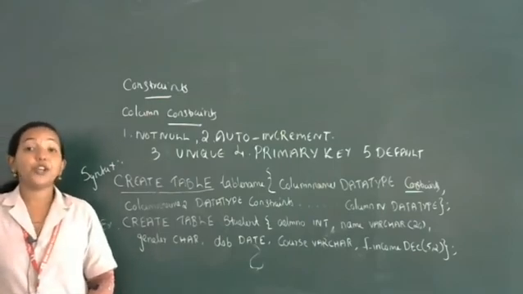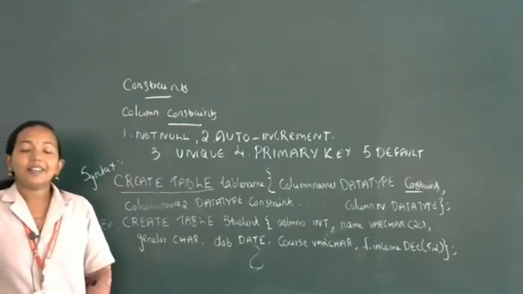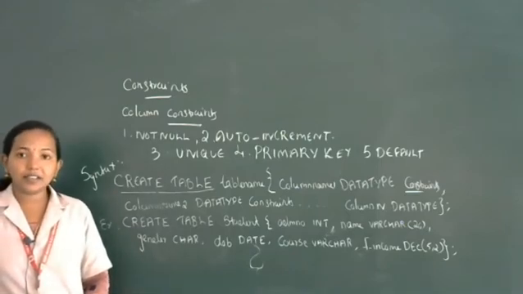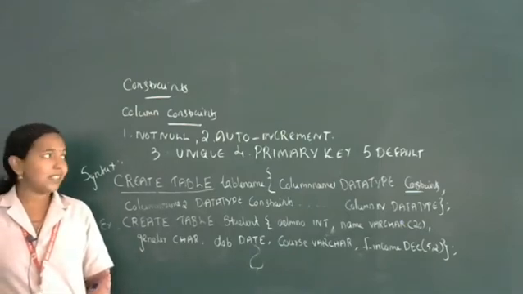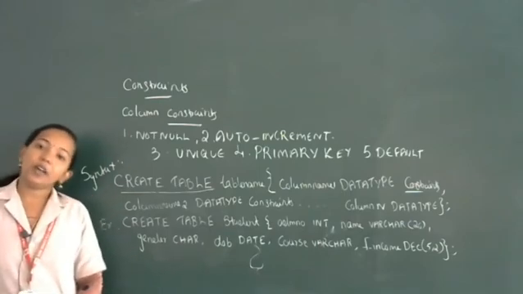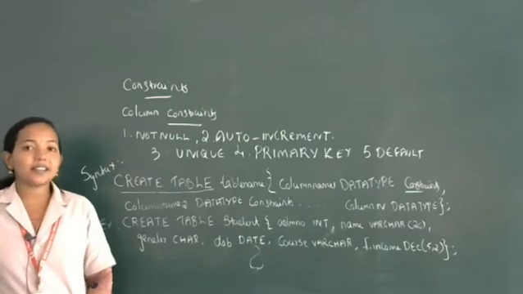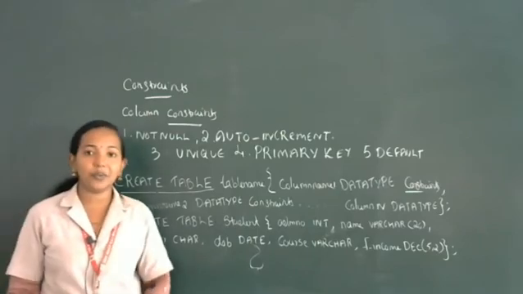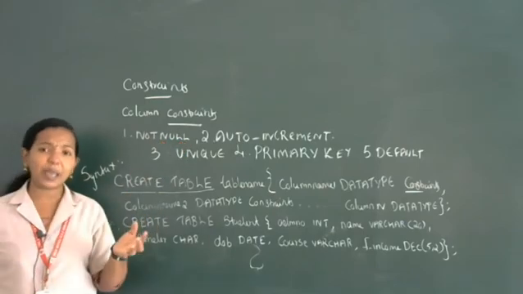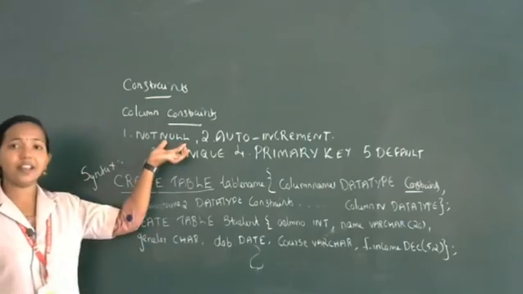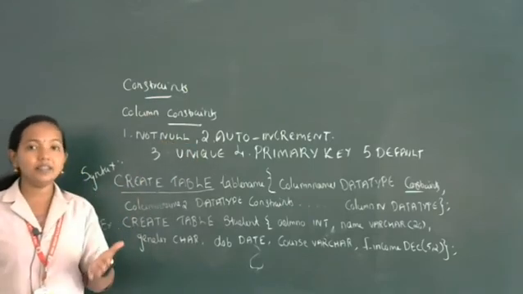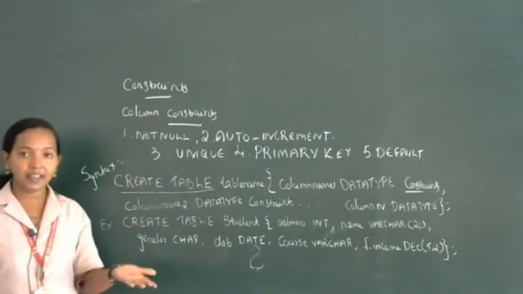First one, not null. That means that column will not be empty. Actually null means it is a value, but it is not equal to 0. Null is not equal to another null, or to a blank space or 0. If you want to give an empty value, then we can use null. Then auto increment, to increment the field by 1.